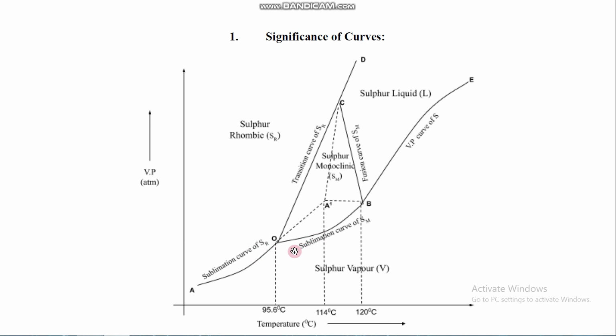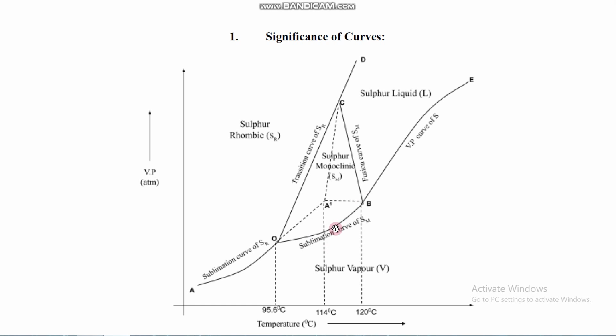The OB curve is known as the sublimation curve of sulfur monoclinic, which indicates the equilibrium between sulfur monoclinic and sulfur vapor. Again, same as AO, this is a one-component system, meaning the composition remains constant. The degree of freedom is 1, and the system is univariant along the curve OB.